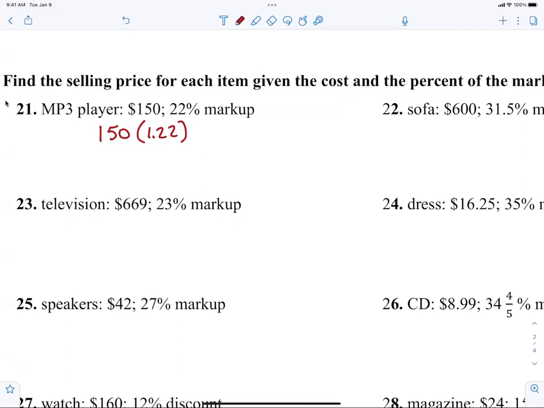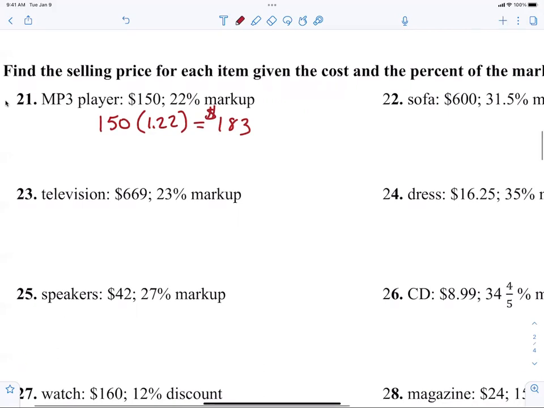You're awesome, girl. Tell me what that is. Exactly. $183. All right, is everybody happy with that? Curtis, you still happy? All right. Anybody having an issue?